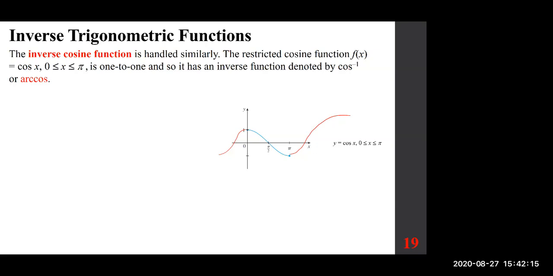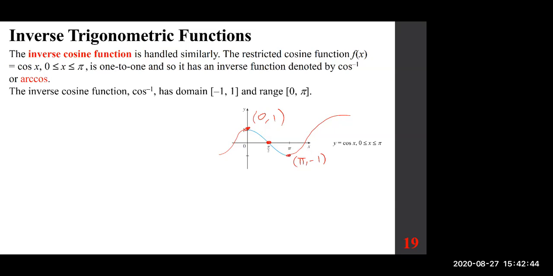All you have to do is look up these points: 0, 1; pi over 2, 0; pi, negative 1. Using those, reverse the process, and you have the graph.